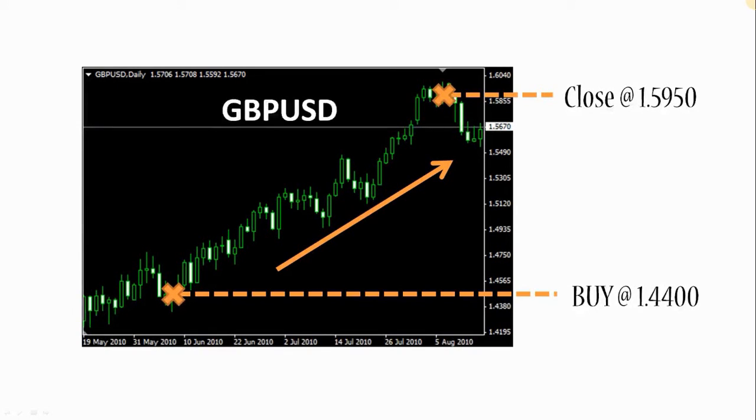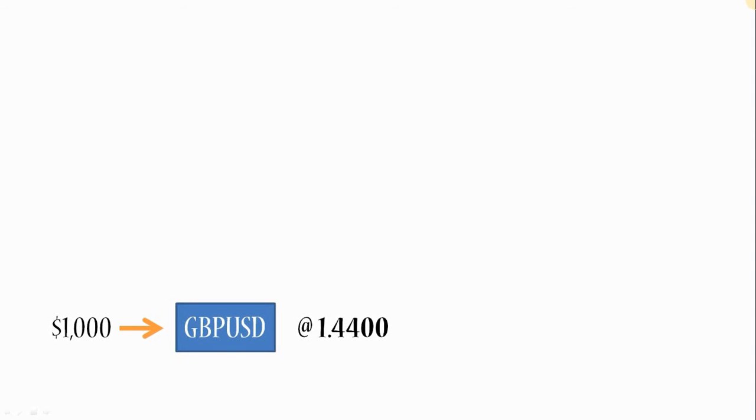Let's look at the mechanics behind it. So let's assume that the bullish trader had $1,000 to invest, which he put into the British pound at a quoted price of 1.4400.